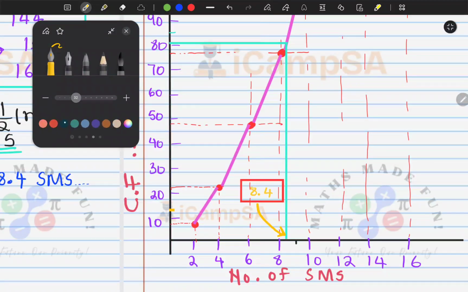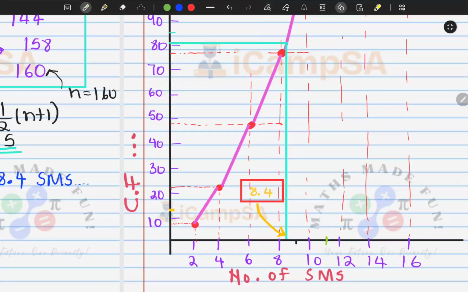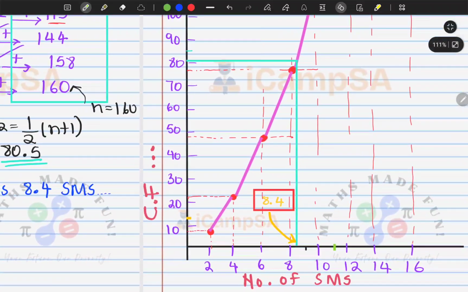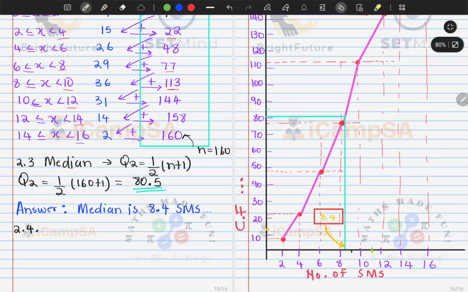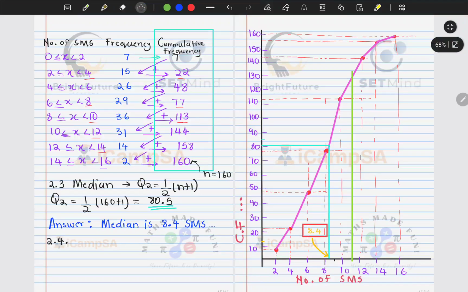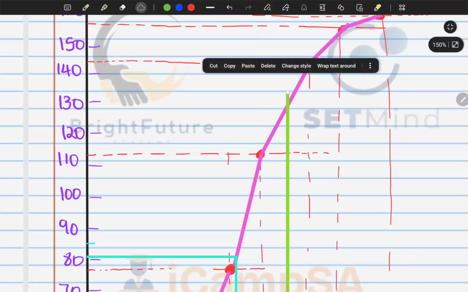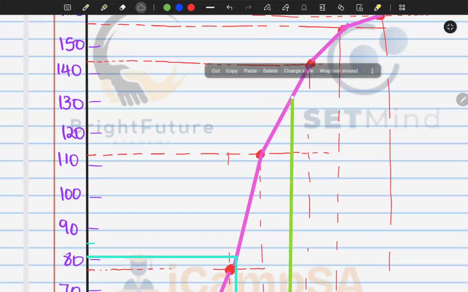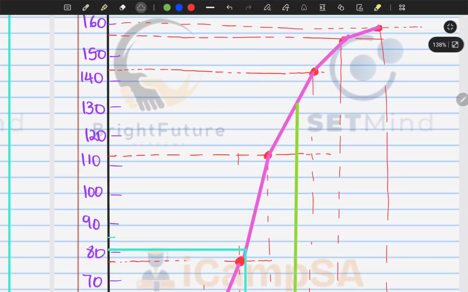Okay. So let's use green now. So 11 is somewhere there. So what we can do is we can just go up straight like that. Okay. So let's make some space here. Okay. So that is where it meets that.